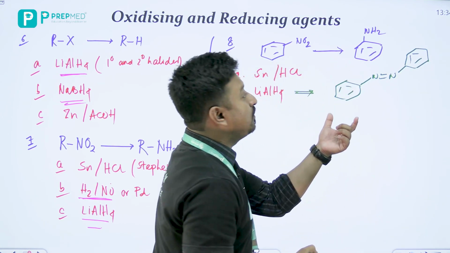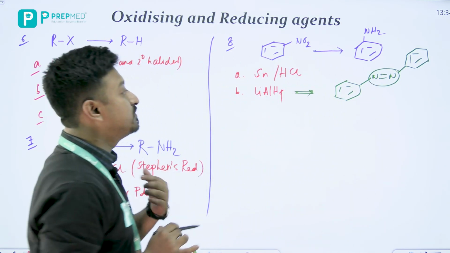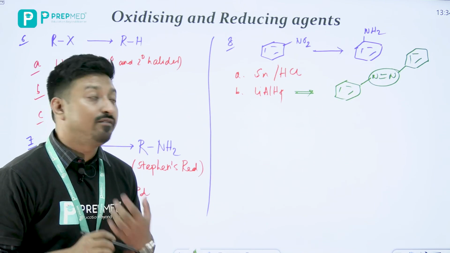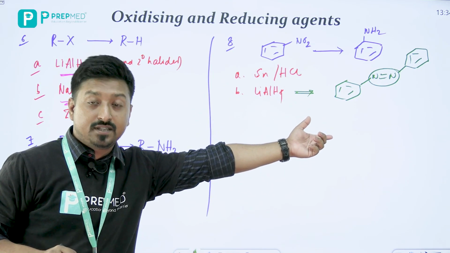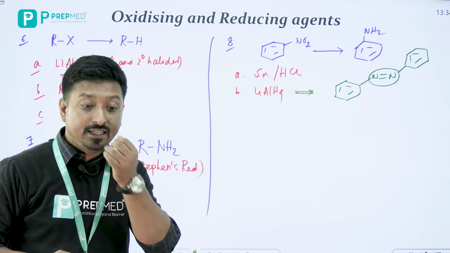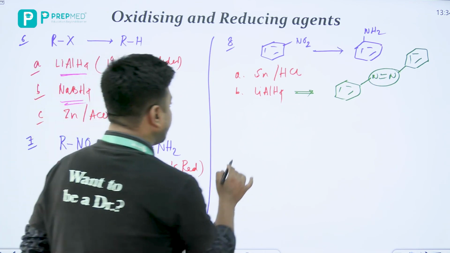So an azo type of compound forms like this if you use lithium aluminum hydride. So whenever you are converting a nitro group to this kind of azo system, you will use lithium aluminum hydride.